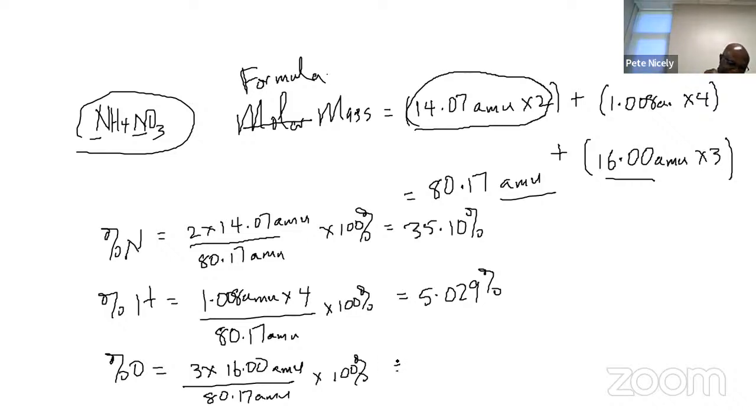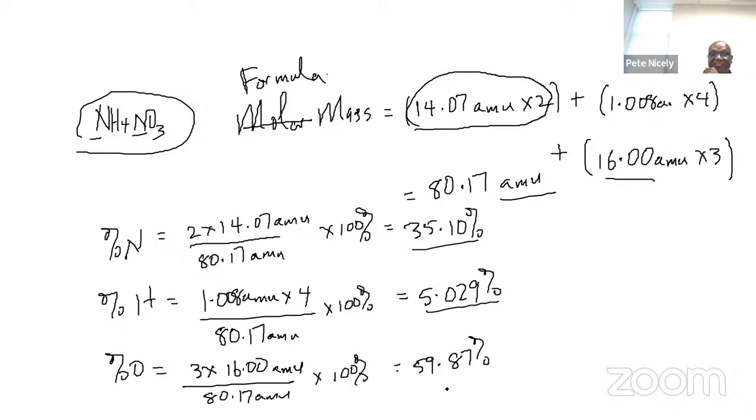So let's do that. So that's 3 times 16 gives you 48 divided by 80.17 times 100. So according to my calculations, this works out to be equal to 59.87%. All right. And so these would be the answers.